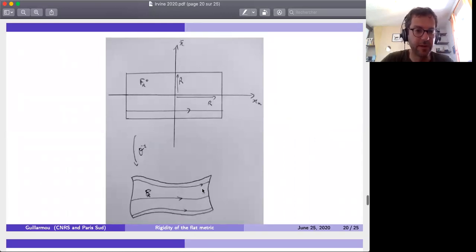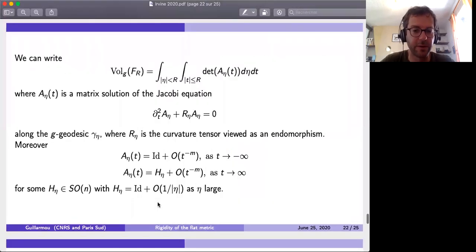So for instance, here, these geodesics never intersect each other. So I have a slice on the left and I have geodesics flowing from them. So I can really write the volume measure here by disintegrating it in terms of this geodesic coordinate. If I do this, I will get a determinant, of course, of some Jacobian.